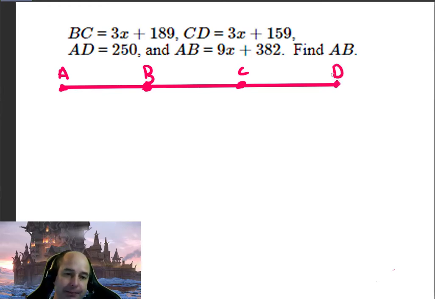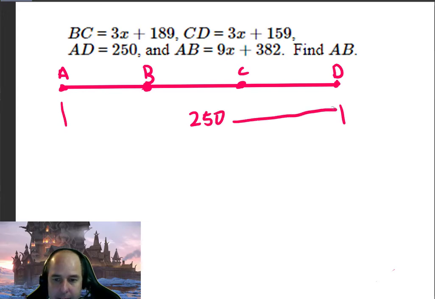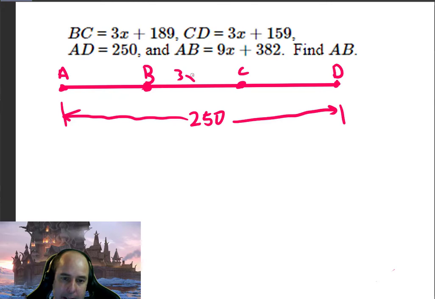All right, moving on. So AD, this total distance here, from here to here, is 250, okay? That's this measurement here. Sorry about the chicken scratch a little bit. So we know that that's the total distance. We know that BC is 3x plus 189.